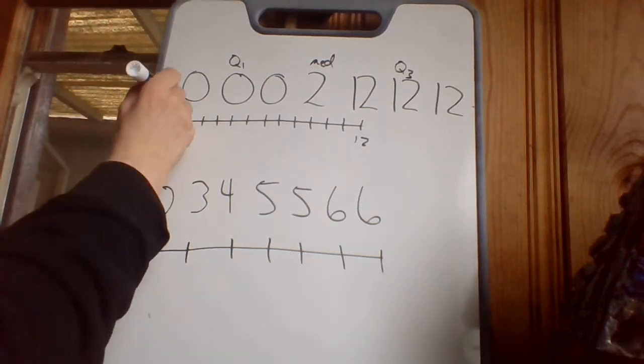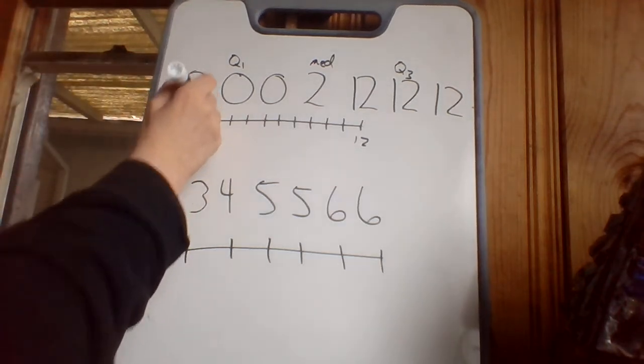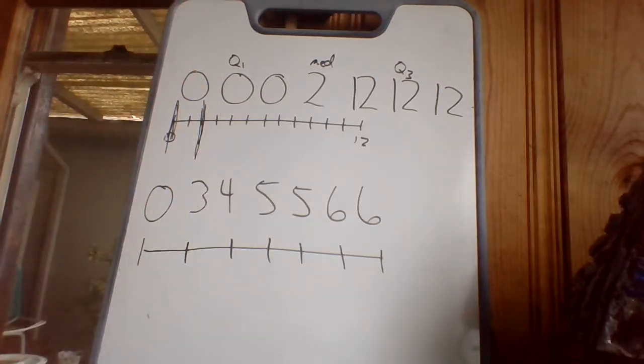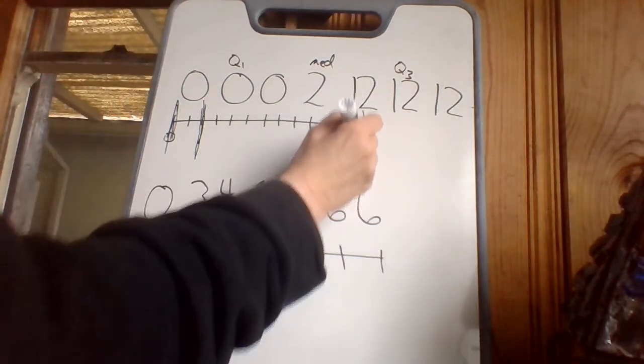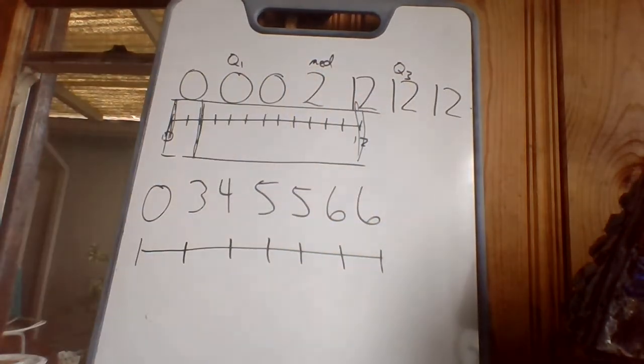So the extra long line is actually right there, right on top of that minimum. And then 2, that's extra long, and then 12. Which is a very funny looking box plot, and I don't see any whiskers at all.